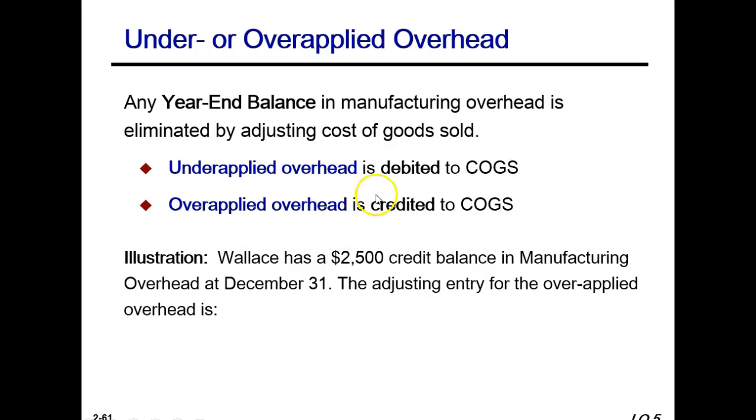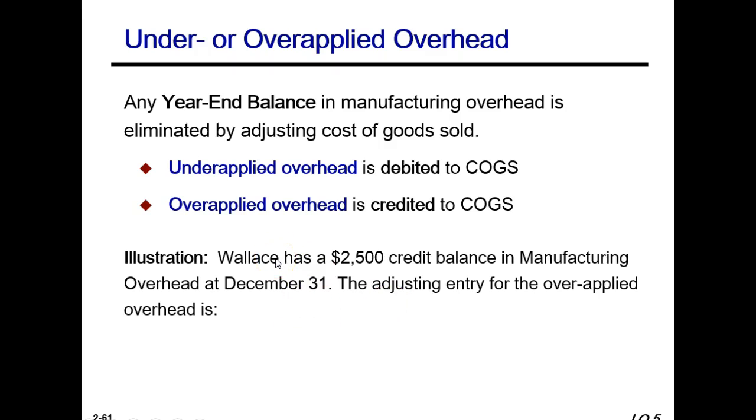If we over-applied our overhead, then that means we show too much cost of goods sold. So when we have over-applied overhead, too much of it, we'll credit our cost of goods sold to reduce what we really paid in cost to sell those goods.